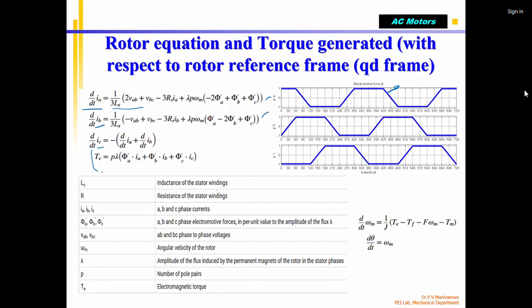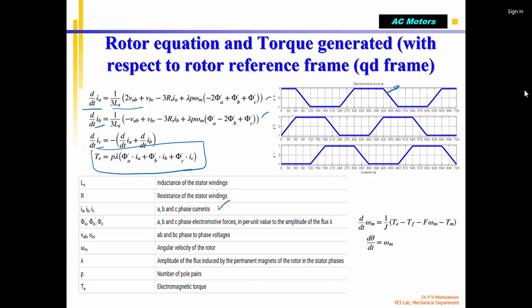The torque equation is this. The parameters are explained; it is supplied by the trapezoidal waveform.